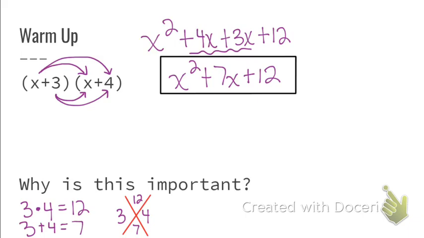Today we are going to be going backwards. Instead of distributing, we are going to factor, which means we're going to take a polynomial like this one and write it as a multiplication problem like we see here. So today we're working these problems backwards, and for the rest of the week.